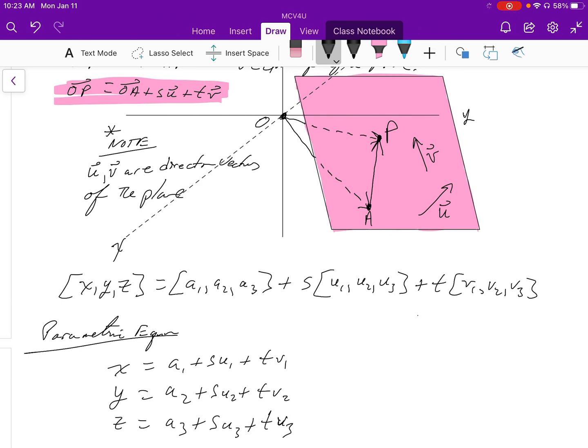We do not go into symmetric equations of a plane, and the reason is that there are 2 parameters. We'd have to choose which one we're going to use. It just becomes more complicated, so there is really no symmetric equation for planes.